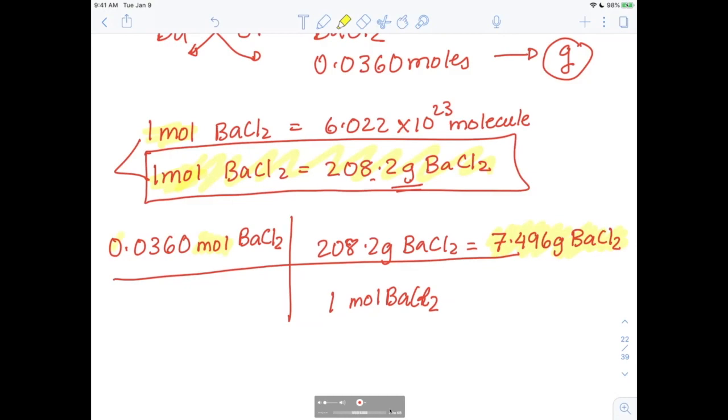Now here they're telling you if your goal is to get to 0.0360 moles of barium chloride, how can you get to that number by weighing? How much would you want to weigh? Well, you want to weigh this number here. If you weigh 7.496 grams of barium chloride, the particles in there equal 0.0360 moles of barium chloride.